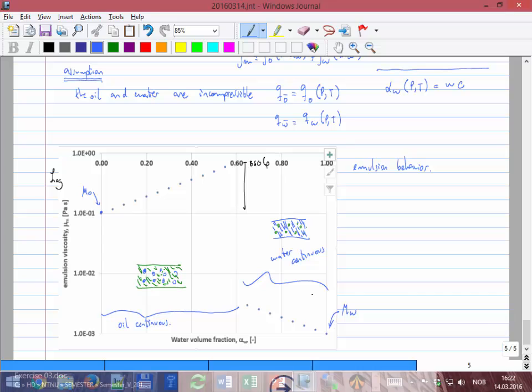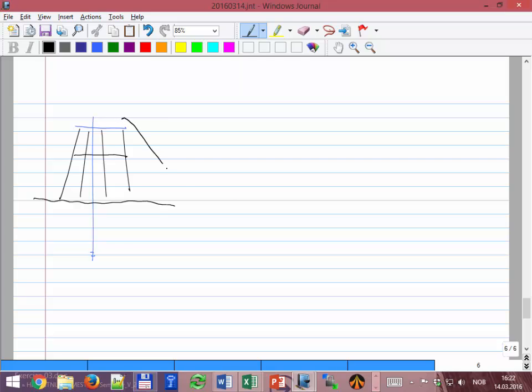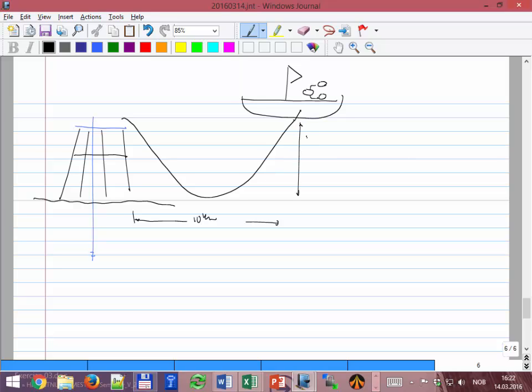And somebody was asking in the break, okay, if we have the well, and this is the platform, and this is the seabed, and then from here there is going to be a hose, let's say 10 kilometers distance, all the way to the FPSO, and here I have my set of separators, and this distance is 100 meters.